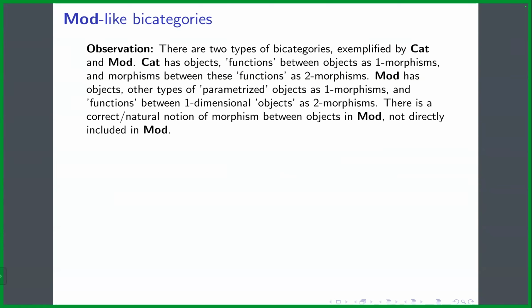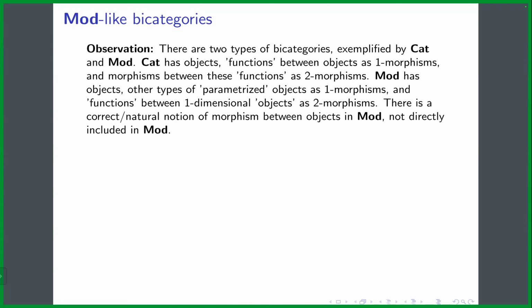And mod is a bit different. Mod has objects as 0 cells, and other types of objects, parameterized objects, as 1 cells, and functions between 1-dimensional objects as 2 morphisms. So in this case of bicategories of objects, parameterized objects, and morphisms between objects, there is usually a correct or natural notion of morphisms between objects.